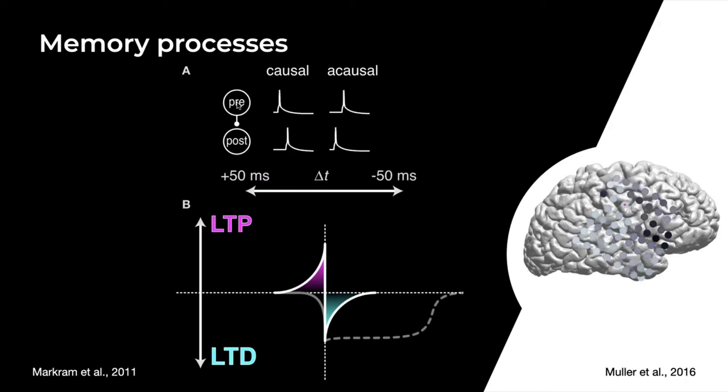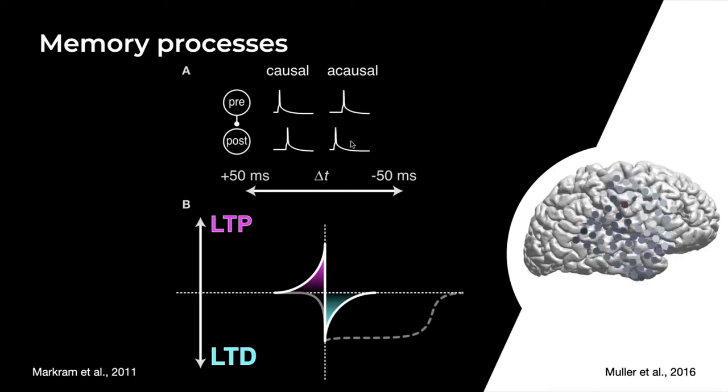For those who have not heard about this mechanism yet, here's a little illustration. You have a presynaptic and a postsynaptic neuron, and if their spike timing is aligned causally, meaning that the presynaptic neuron spikes before the postsynaptic neuron, then this could lead to long-term potentiation of the synapses.